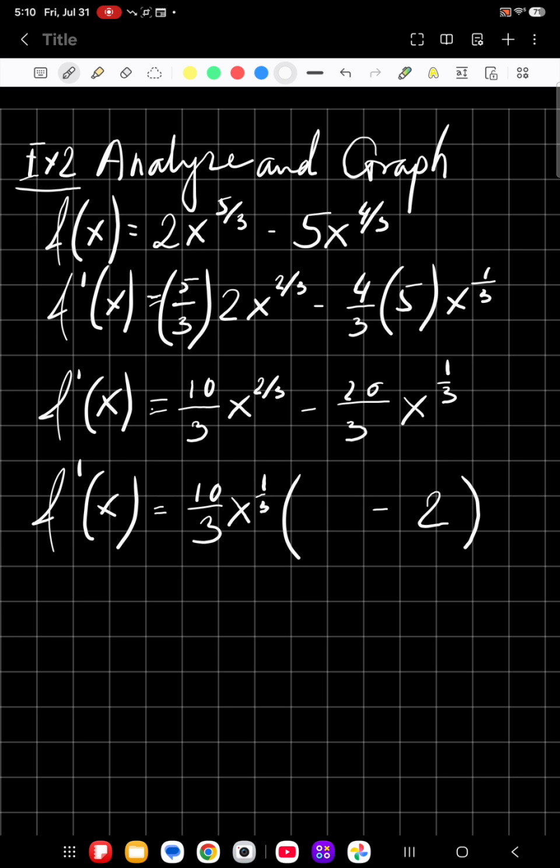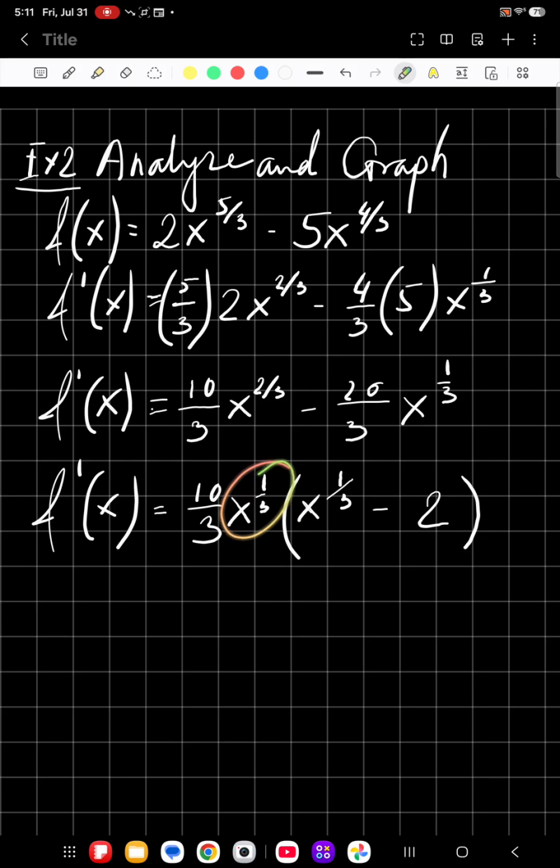And here, that's what I have left. If you check it, if you distribute that to both, it's not difficult algebra, but people tend to forget.